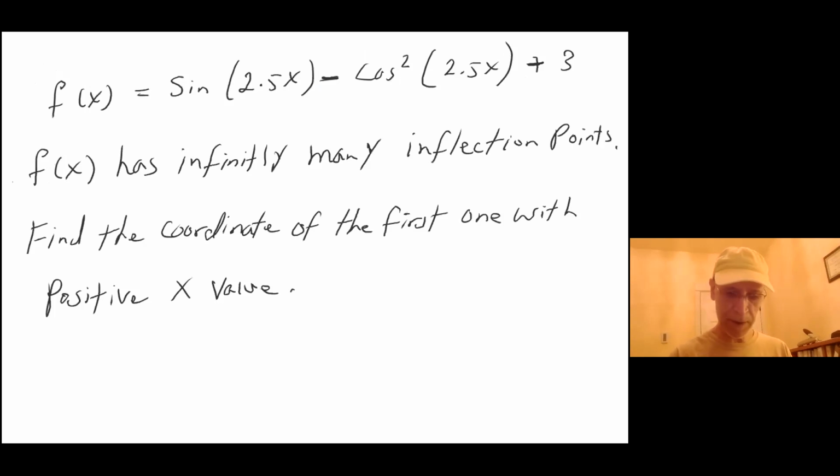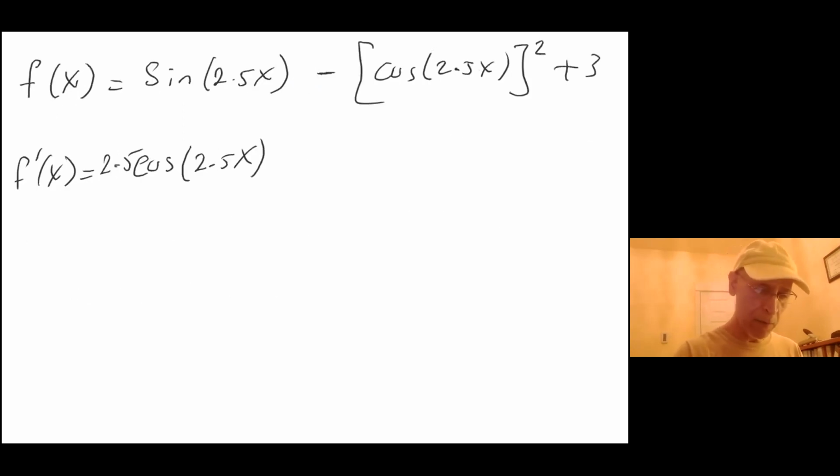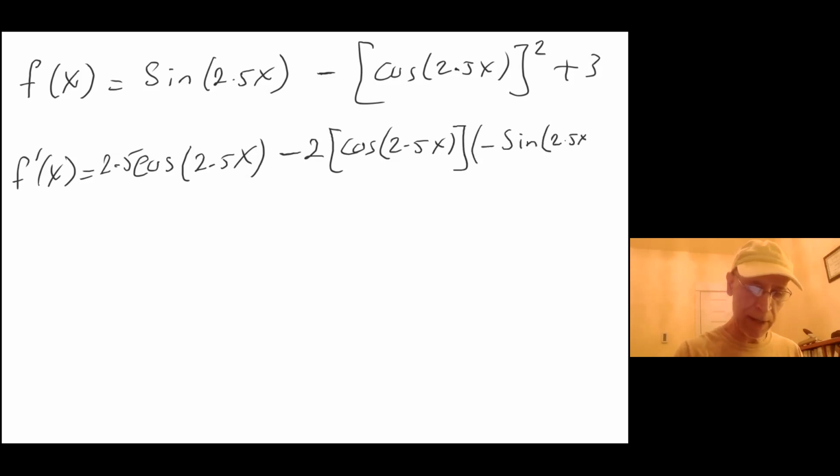Minus cosine squared. Okay. So minus 2 times cosine of 2.5x times the derivative of inside, and that would be minus sine of 2.5x, and that's going to be times 2.5, then all that multiplied by 2.5 using the chain rule.